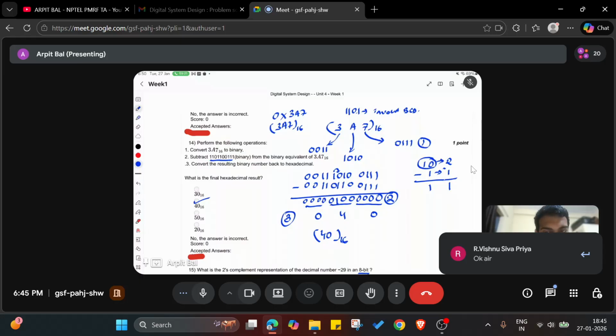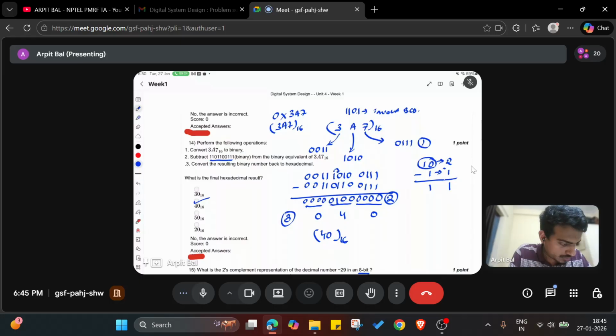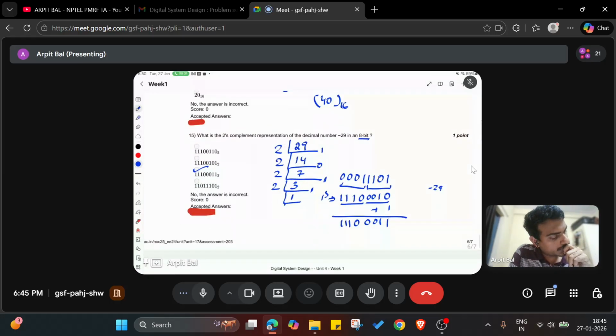Excuse me, sir. When you represented 29 in 8-bit binary, the MSB should be 1, right, for minus 29? Yes. But in this case, what I have done is I have represented plus 29 first. After representing plus 29 in binary, I took the ones complement of this number, and then you take the twos complement by adding 1.